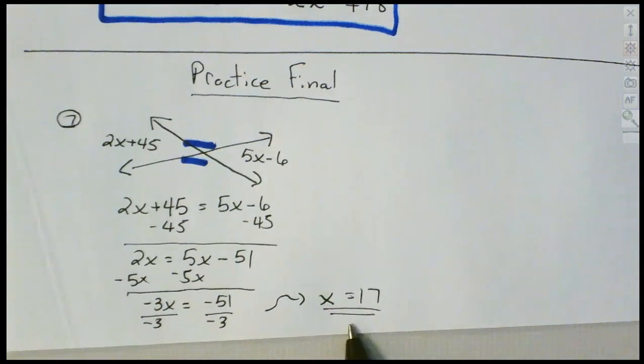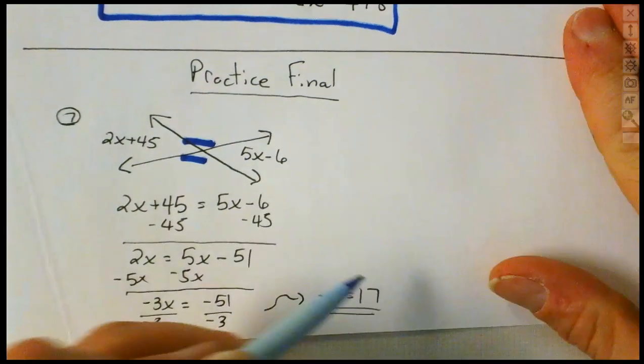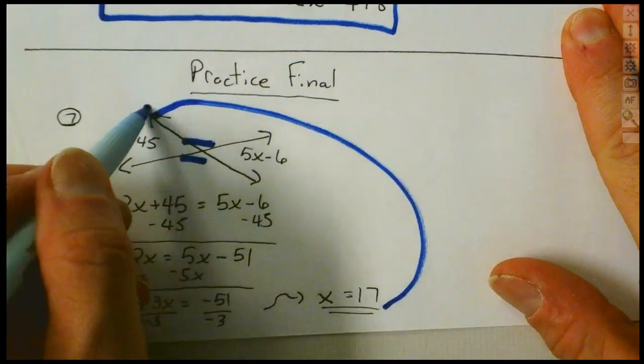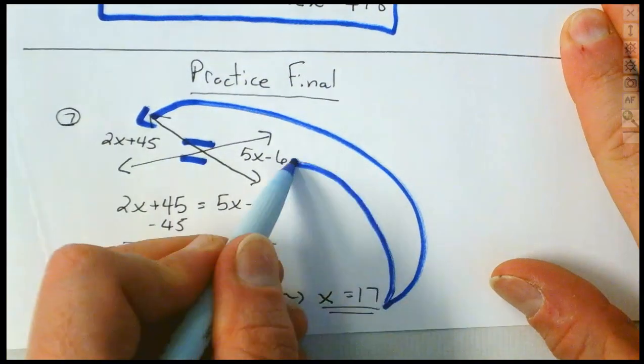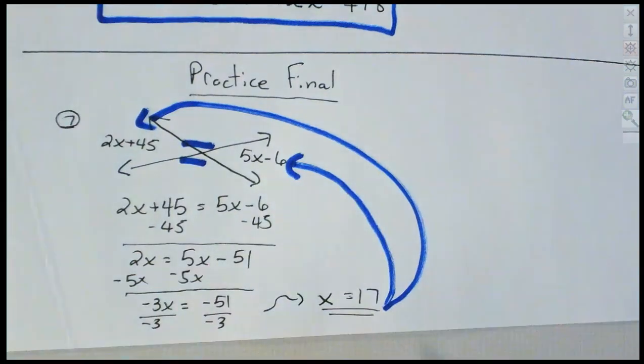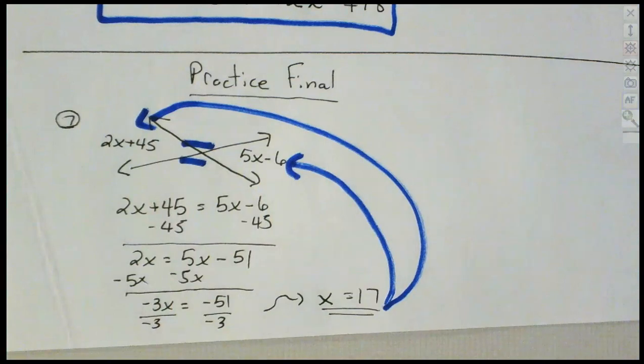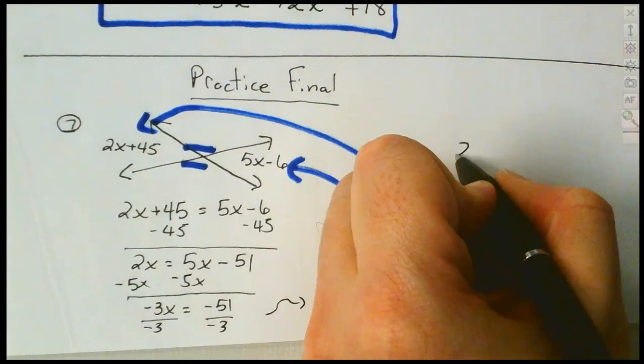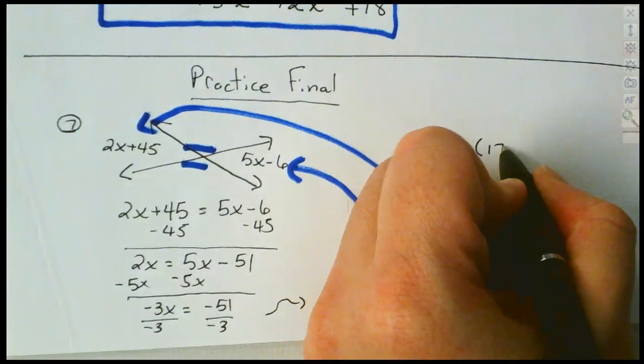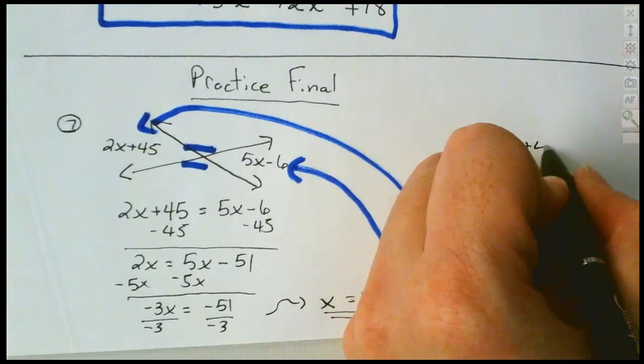To get full credit for this question, what do we need to do? To get full credit, we need to take the 17, and we need to plug it back in. What we get when we plug it back in should be the same, and those are my answers. So when we plug that 17 back in, that gives us our complete answer.